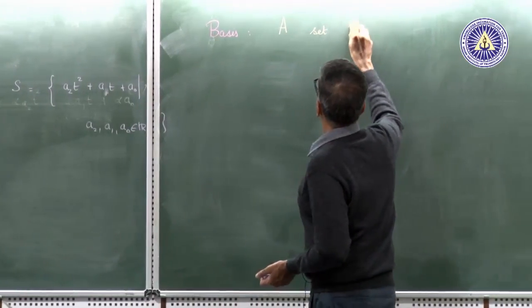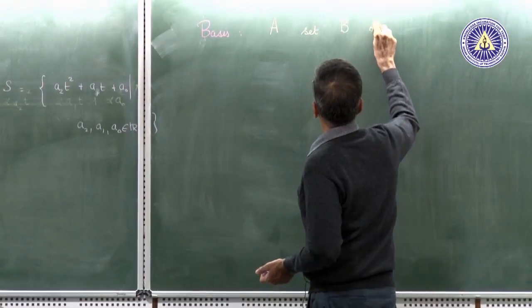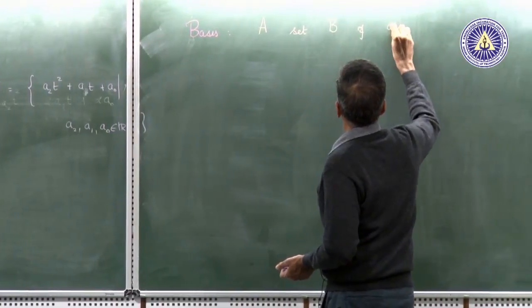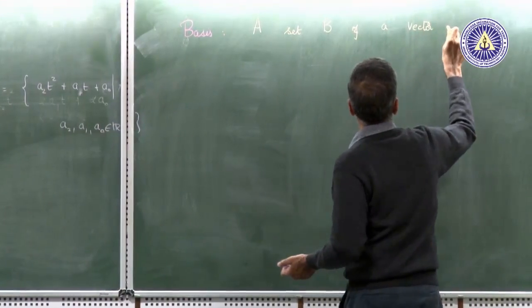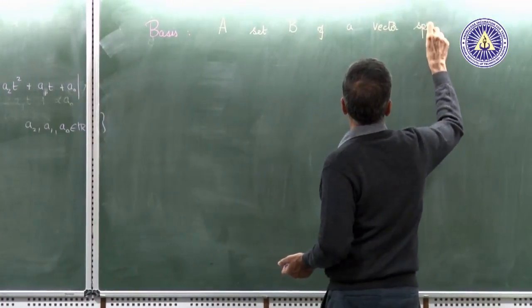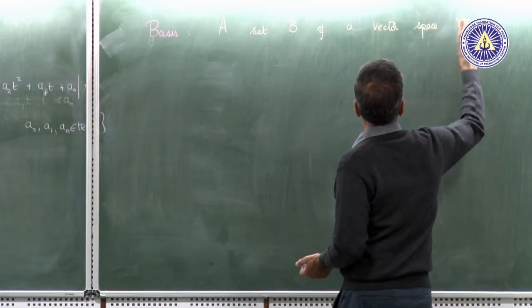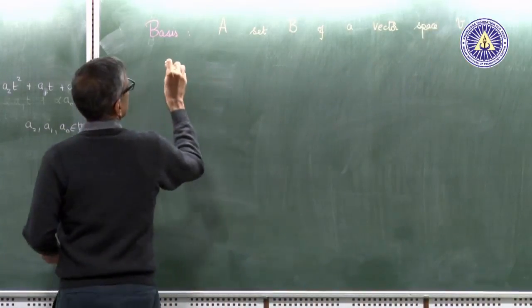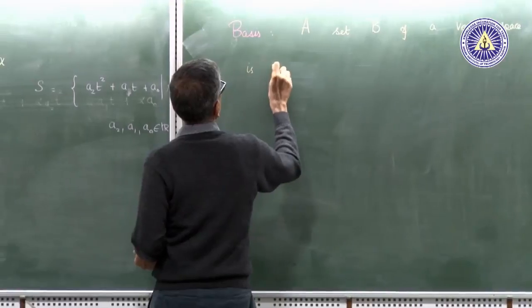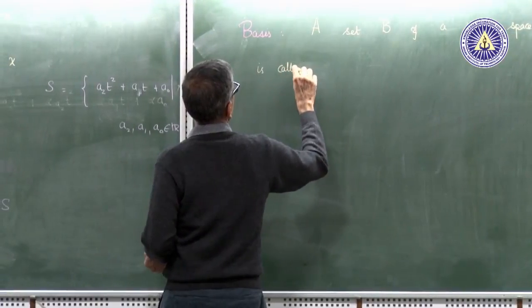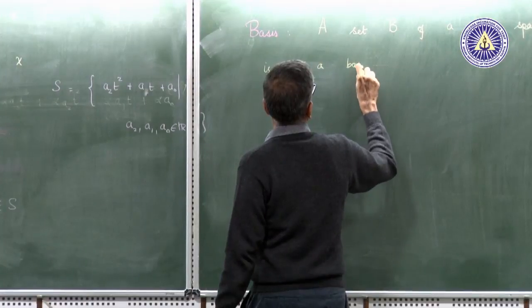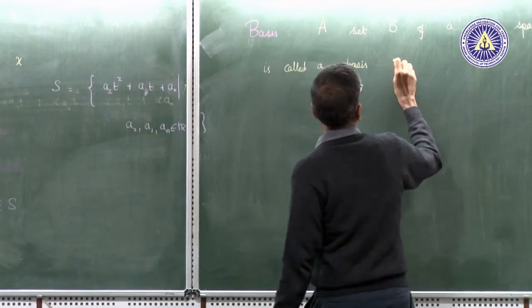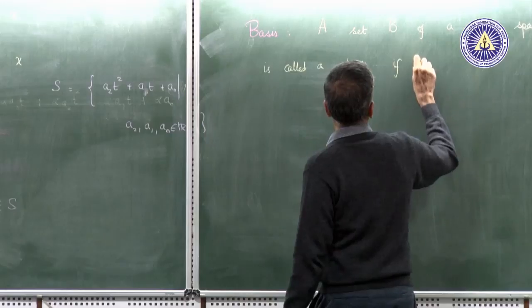A set B of a vector space V is called a basis if it has the following properties.